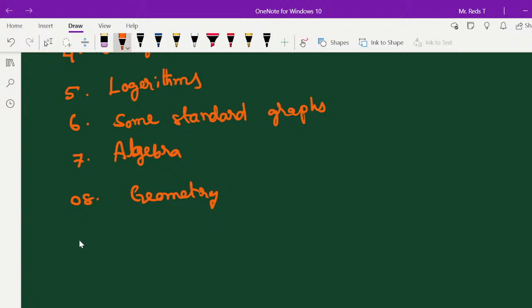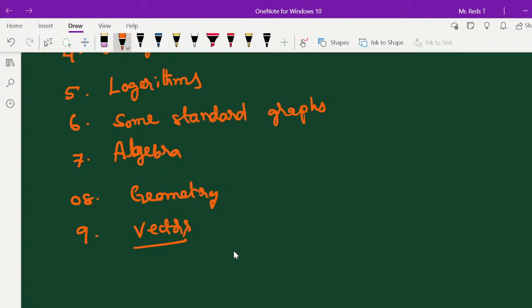And the vectors. Vectors is a mathematical concept, but it is one of the very powerful tools we use in physics. Specifically, in detail we discuss the vectors part in the motion in a plane chapter in 11th standard.